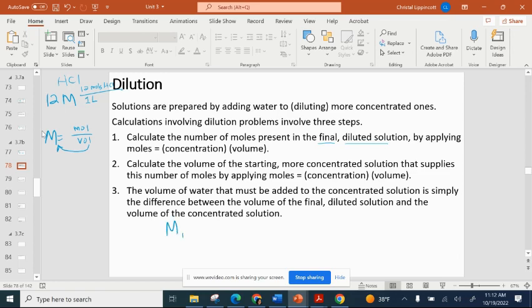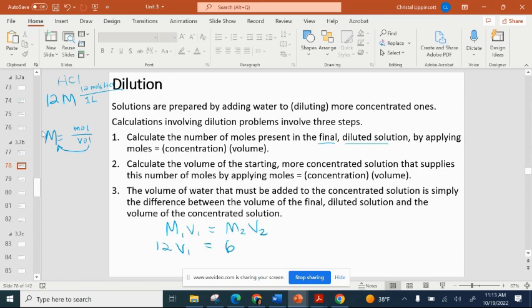So we talked about M1V1 equals M2V2, where we take the molarity. If I know that I'm starting out with 12 molar here, for example, I need to know how much volume I'm going to need. What do you guys want to make this, less than 12? 6 molar, okay.